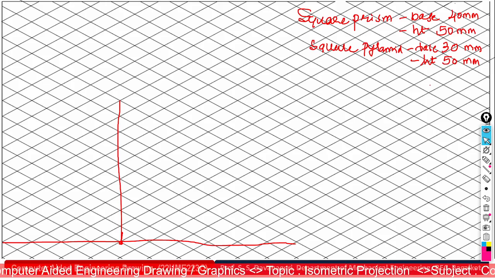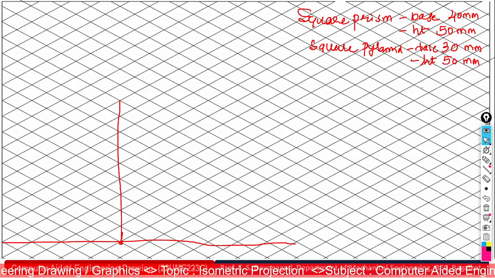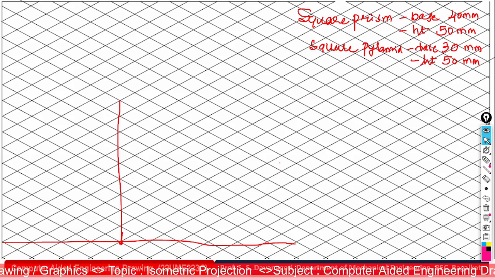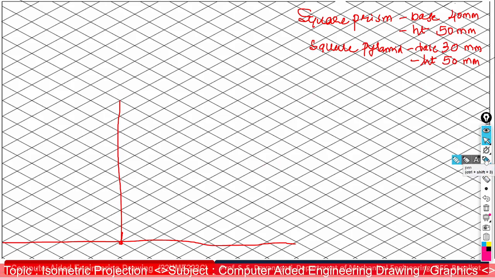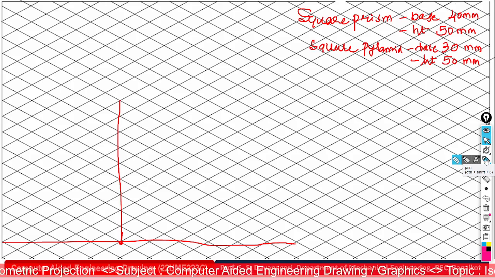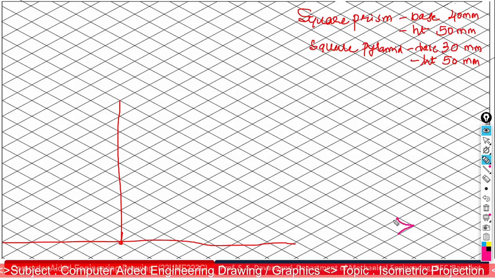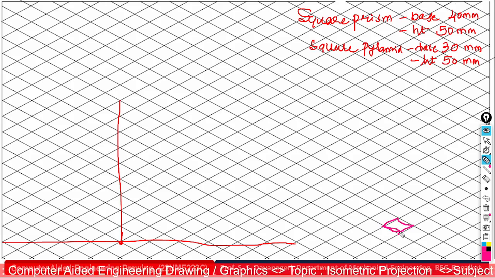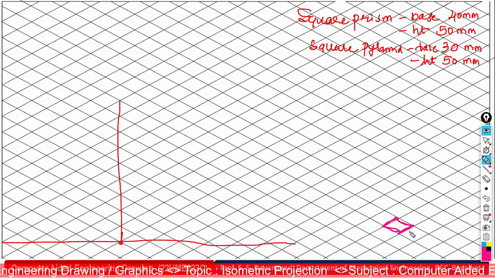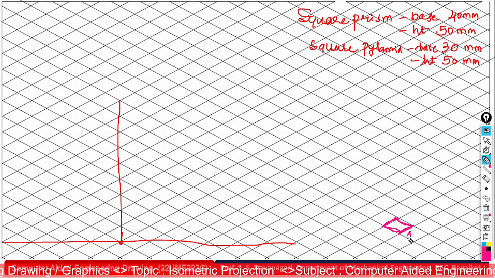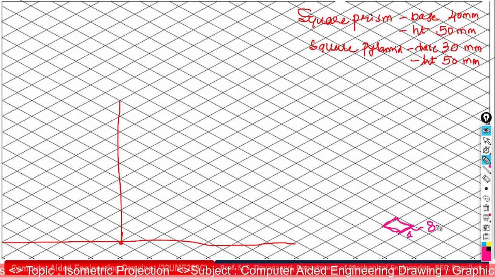Now first you need to construct the square prism. As you have a grid sheet, it is of standard dimensions. Every 1 unit is of an isoscale. So each unit consists of dimensions according to the isoscale.